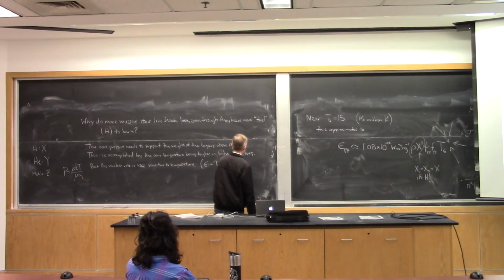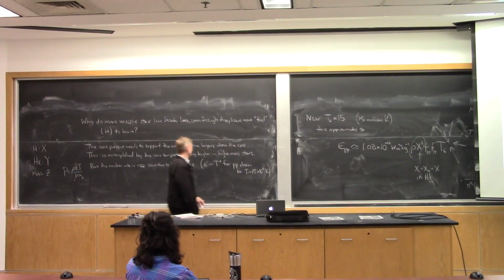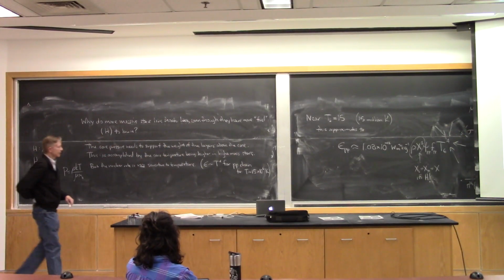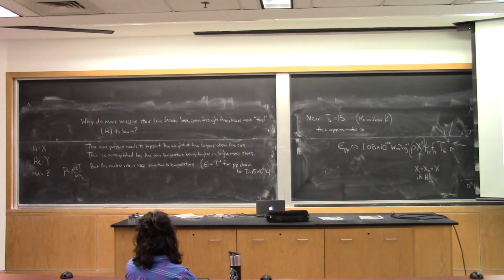So, for example, we saw that for the pure proton-proton chain, for a star like the Sun, the nuclear reaction rate goes like the temperature to the fourth power.